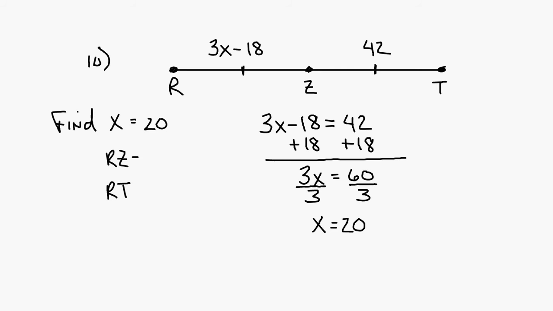R to Z. To find R to Z, you're going to take 3 and multiply it by 20 and subtract 18 from it. But do you even need to do that? Aren't both the pieces equal to each other? If the right piece is 42, what's the left piece? 42.